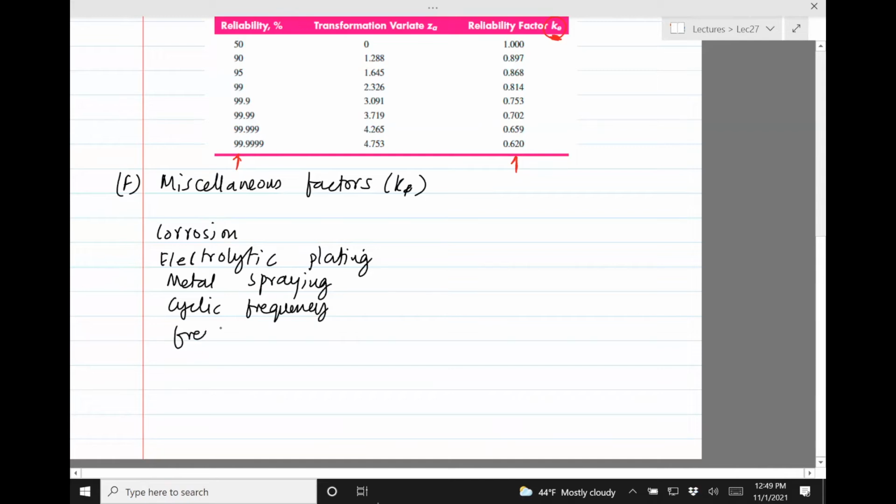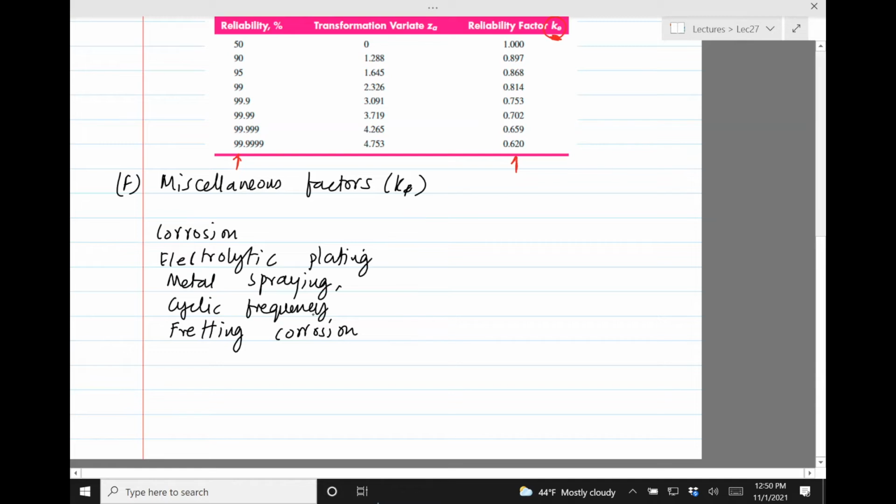Fretting, corrosion, and there are more in the book, but I just picked a few. So that factor will be given to you.